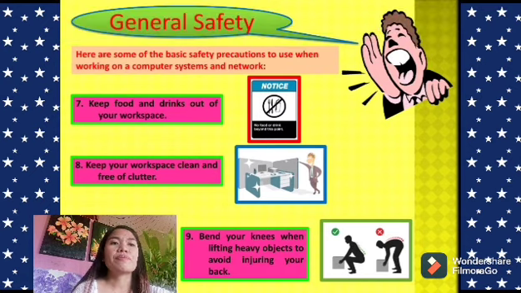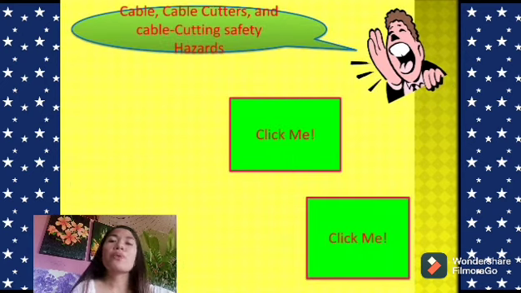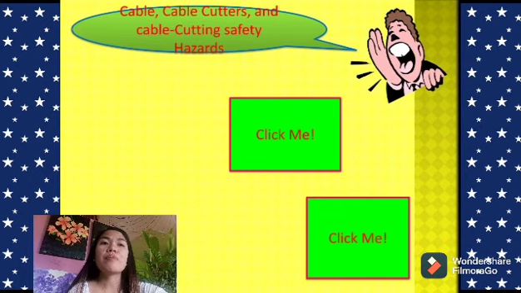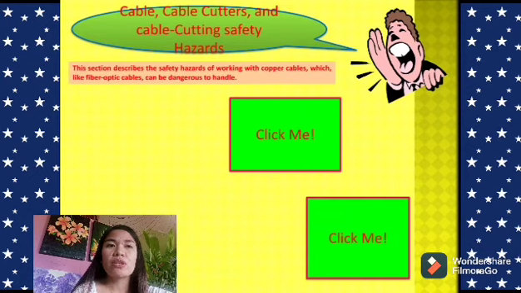Next is cable or cable cutters and cable cutting safety hazards. First, the section describes the safety hazards of working with copper cables, which, like fiber optic cables, can be dangerous to handle.